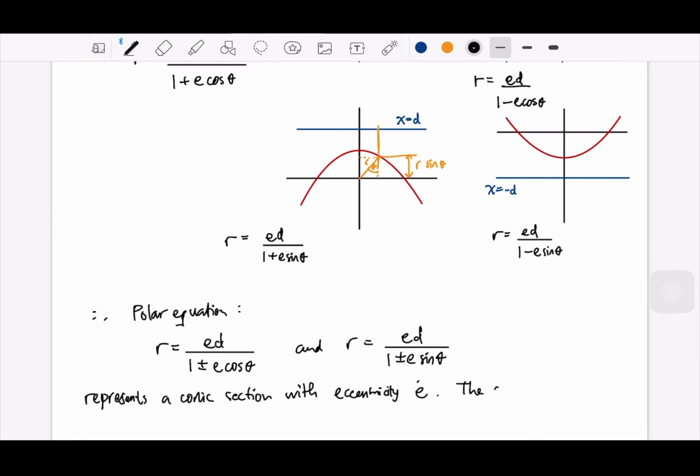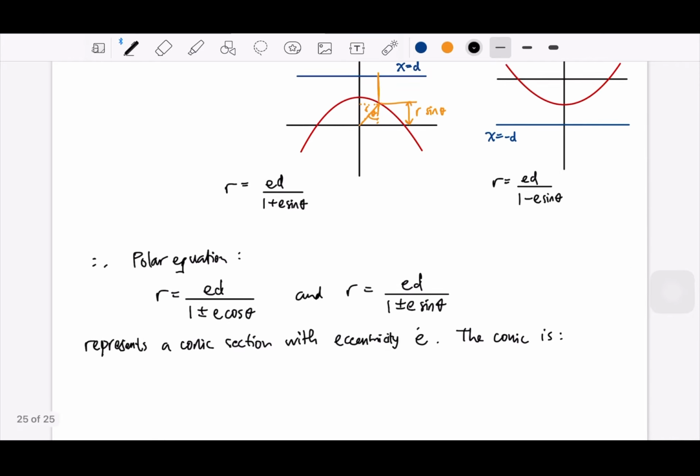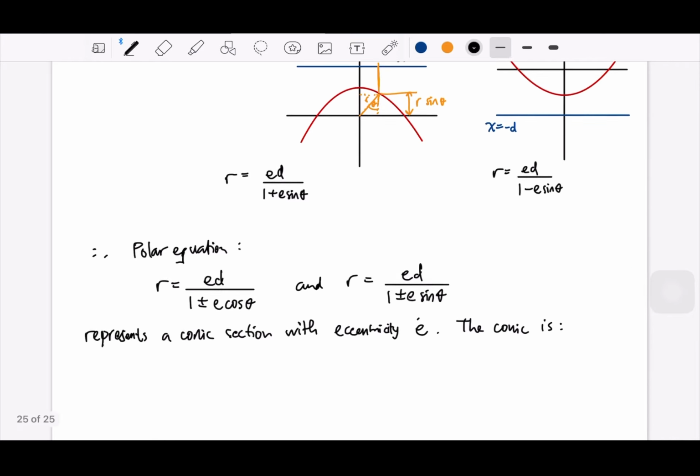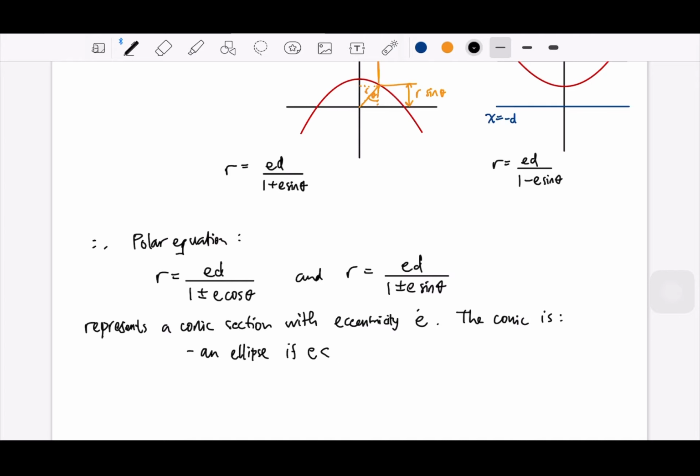The conic is an ellipse if e is less than 1, a parabola if e equals 1, or a hyperbola if e is greater than 1.